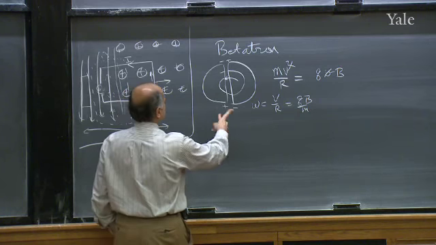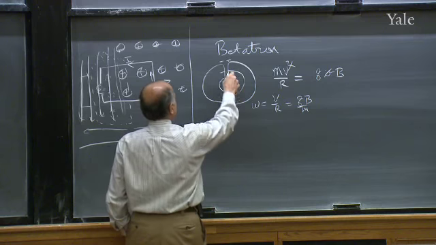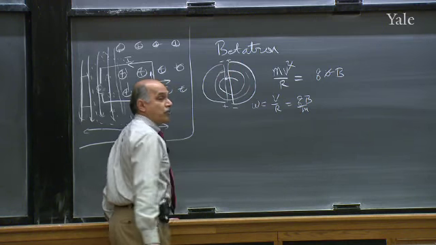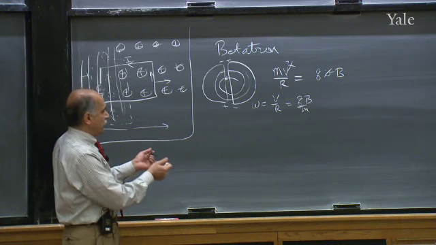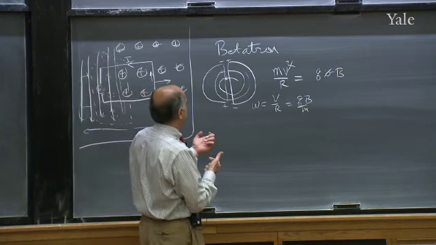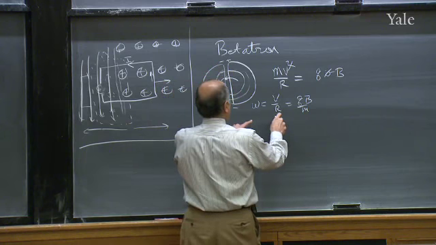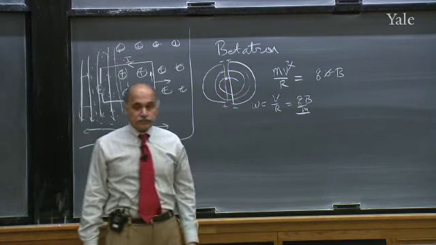Therefore, you have to reverse the polarity with the same frequency, even as the particle picks up more and more speed. It's not that you have to keep changing the rate at which you flip the voltage. Then you don't have any means of doing it. But if it's flipping at a definite rate, then of course you can get a generator that generates voltage at that rate, and you can make it work. The key to all of that was this remarkable fact that omega does not depend on the radius.